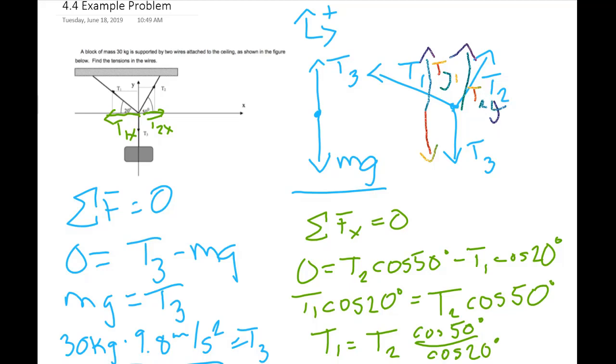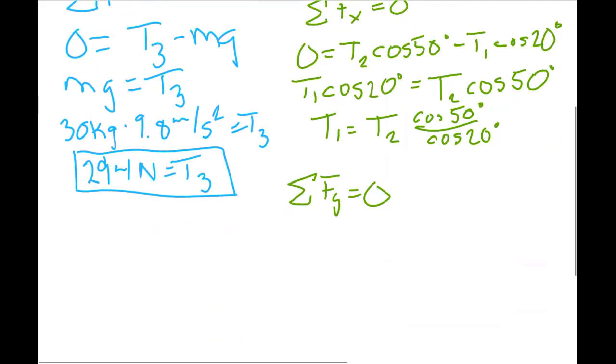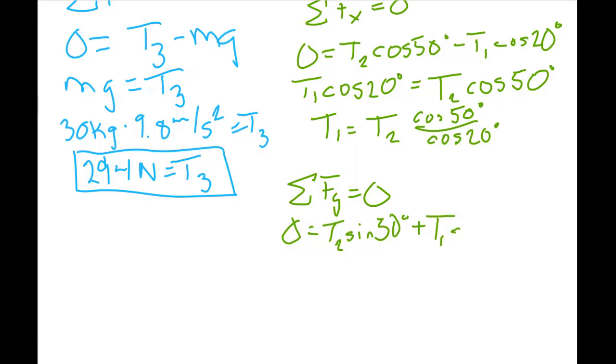So I've got to take all of those into account when I go to solve this. And again, up is positive and down is negative. So that means that I have T2 sine of 50 degrees plus T1 sine of 20 degrees minus T3.